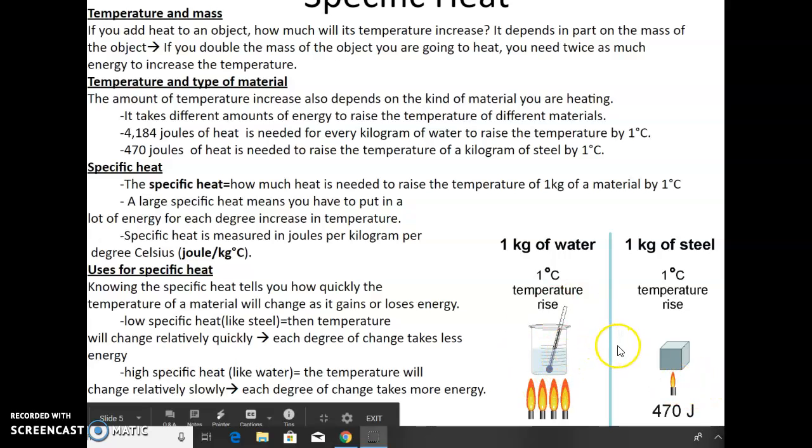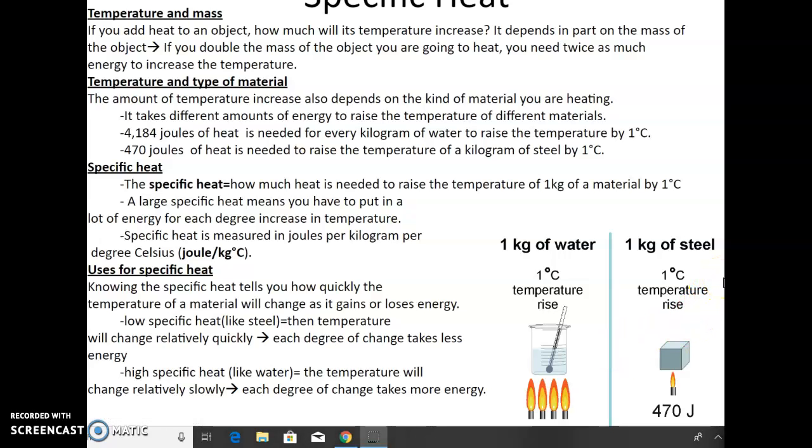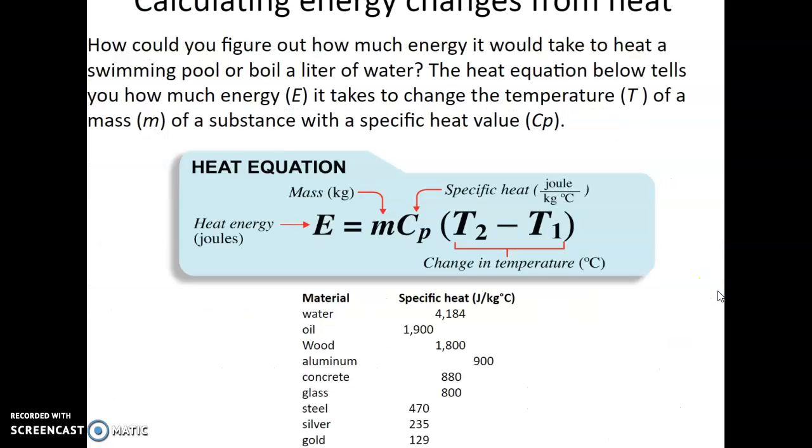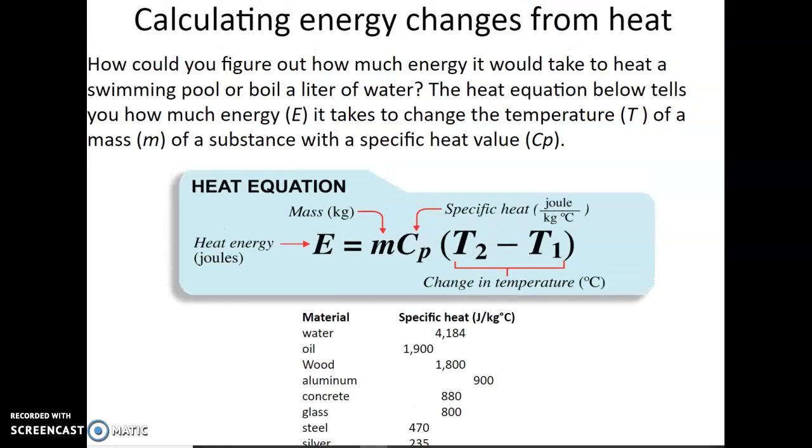So water has a really high specific heat, which means it takes a lot of time for water to change its temperature, which is why it takes some time for water to boil. When you're boiling water, the pot is going to get hotter a lot faster than the water itself, because the metal of the pot is a good conductor of heat, whereas water is not. Every substance has its own specific heat.